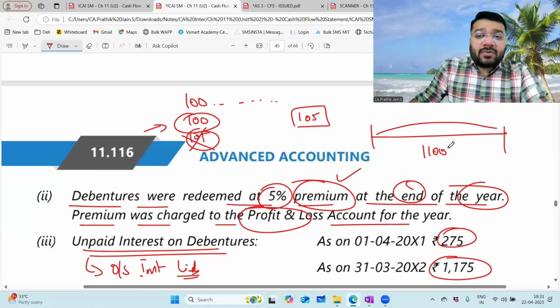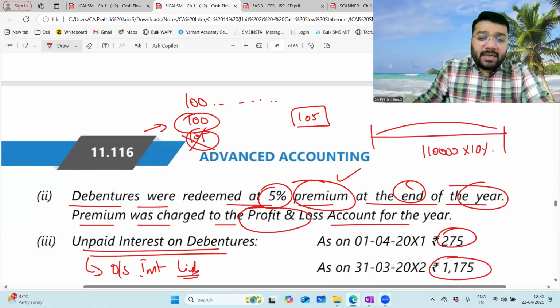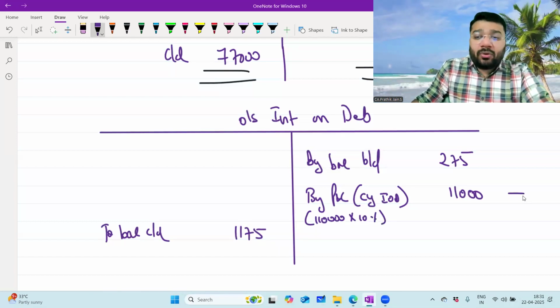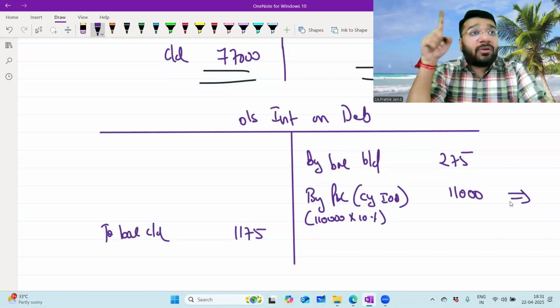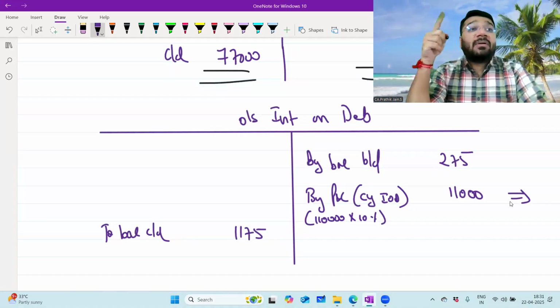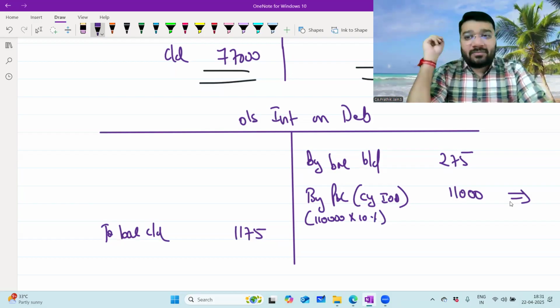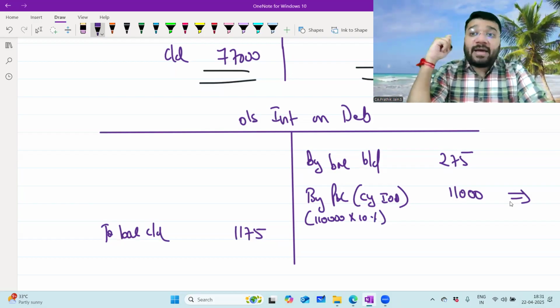Full 1,10,000 into how much percentage? 10%. So 11,000 rupees is your current year interest on debenture. Please make a note that whenever the question is silent about the redemption date, it is assumed at the beginning. But in this question, they have specified that the redemption is happening at the end of the year. Please make a comment like that so that in future when you revise, you don't have a problem.